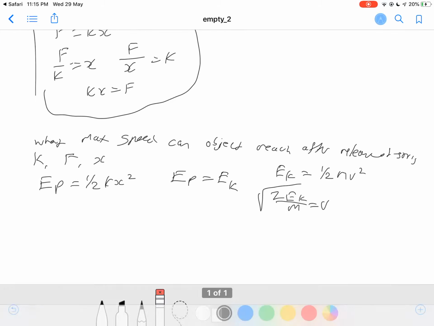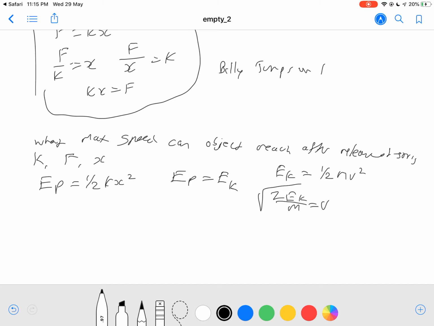For example, they're going to ask you this: Billy jumps on a trampoline, the spring constant may be 1200 newtons per metre, and Billy is 40 kilograms.